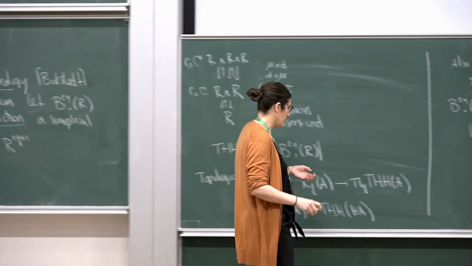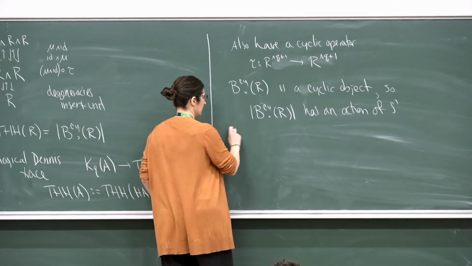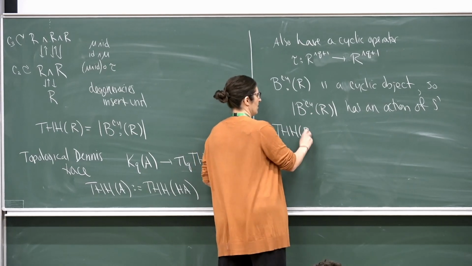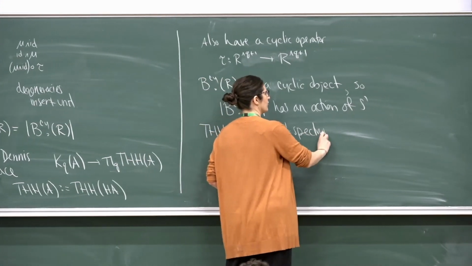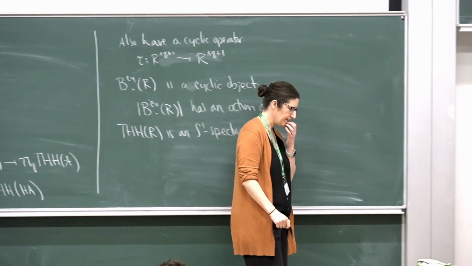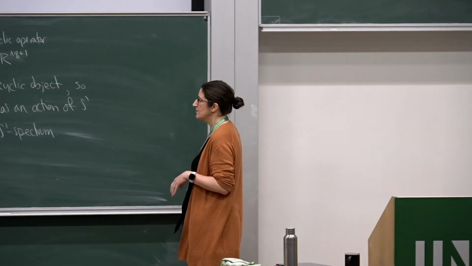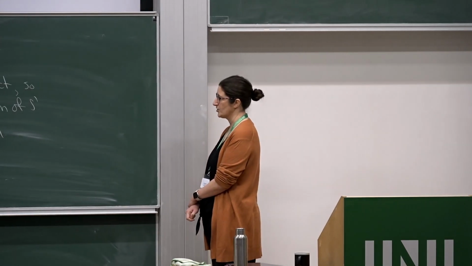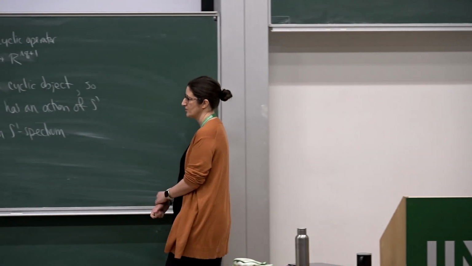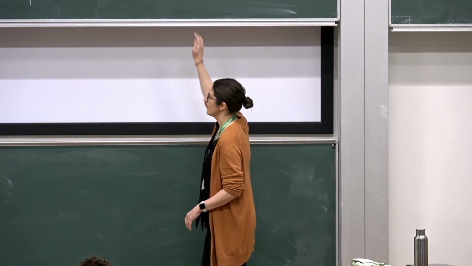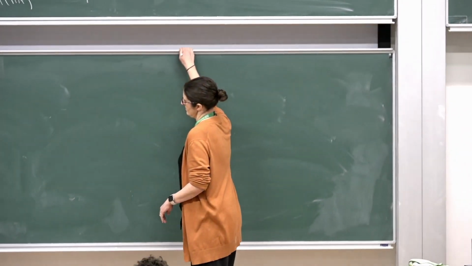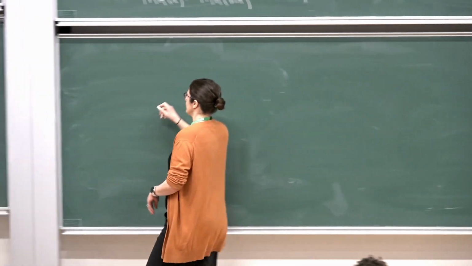And actually, we can construct it as an S1 spectrum. So THH of R is an S1 spectrum. Okay, so why do I mention that? So it turns out we're going to use that S1 action on topological Hochschild homology to define our next approximation to algebraic K-theory. So, topological cyclic homology.